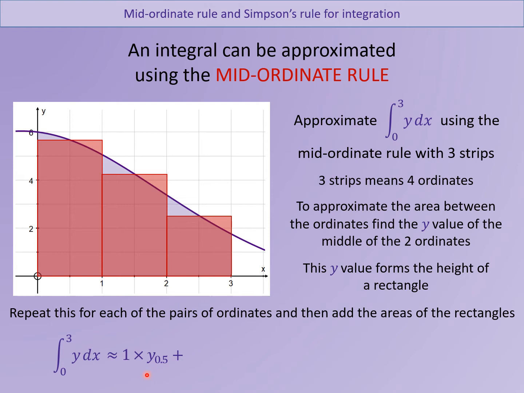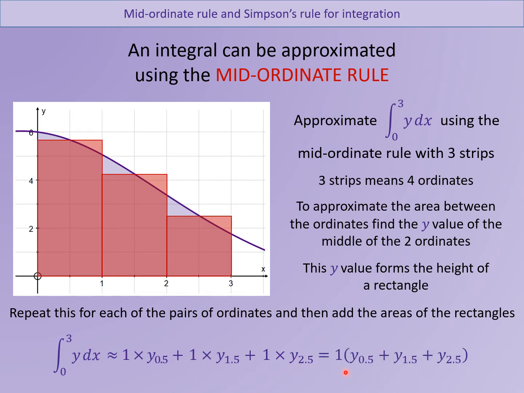The first ordinate is y0, the second ordinate is y1, hence y 0.5. It's not to do with the fact that it is a half. So this one, y 1.5 times the width of 1, and the last one between the ordinates 2 and 3 would be y 2.5.